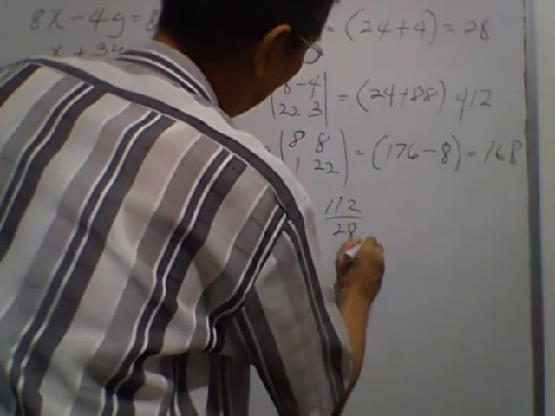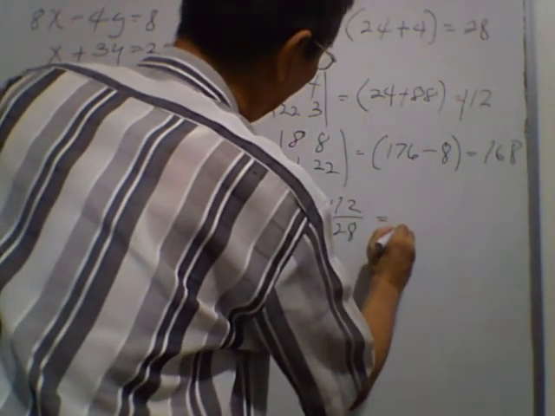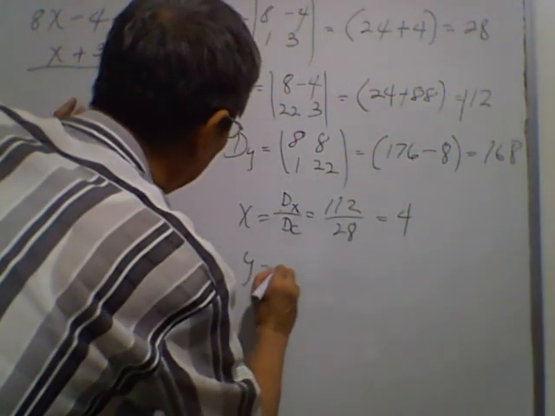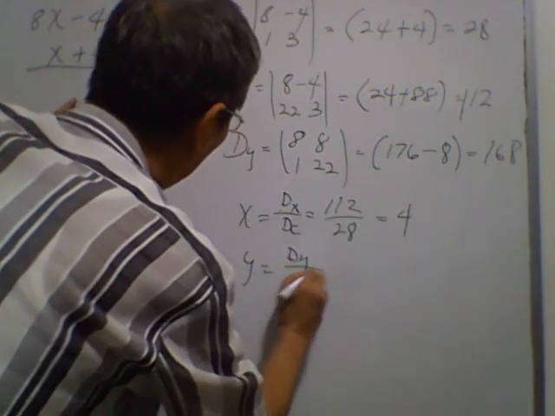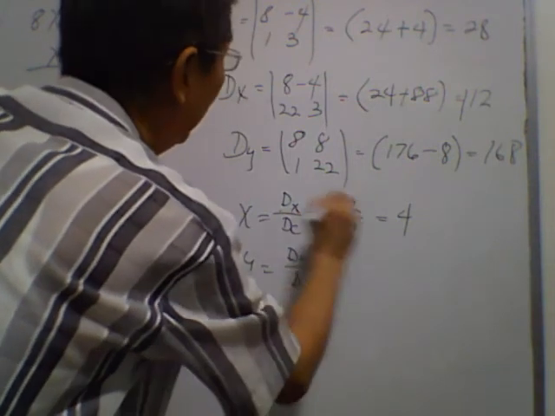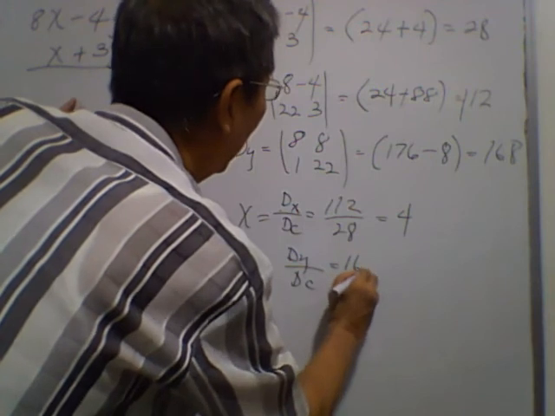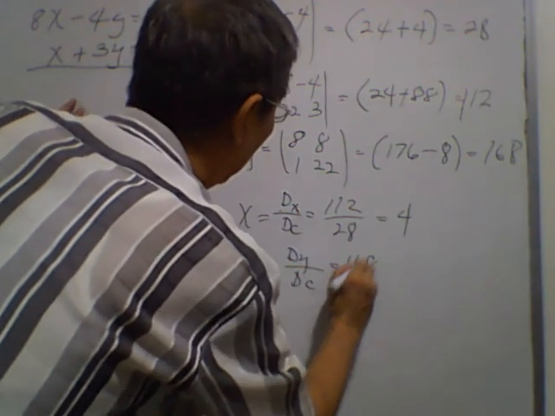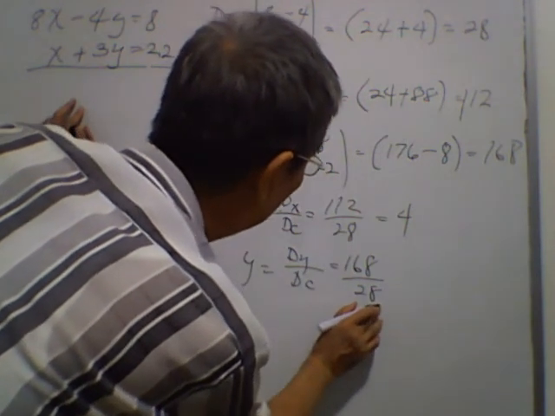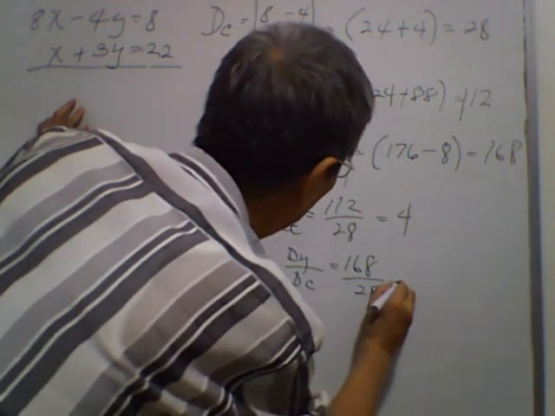So that's equal to 4. Okay. For the value of y, it is dy over dc. Dy here is 168 over 28. So that is equal to 6.